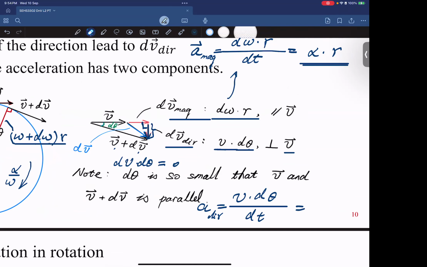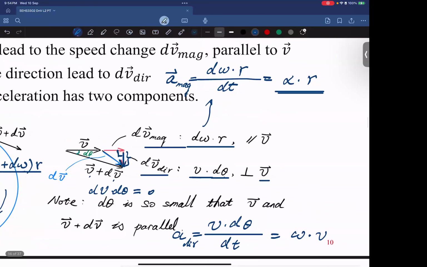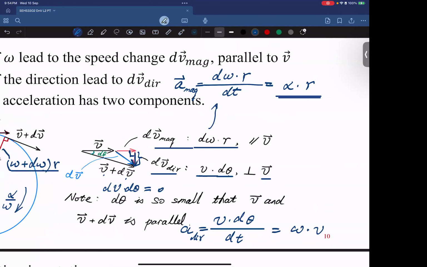Or omega times v, same thing. So the first one, alpha times r, is from the magnitude change. Omega times v is from the direction change.